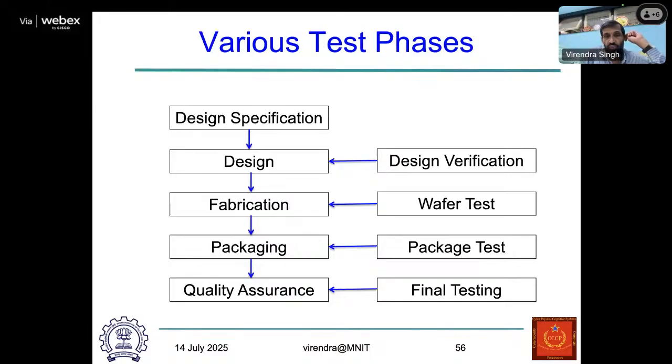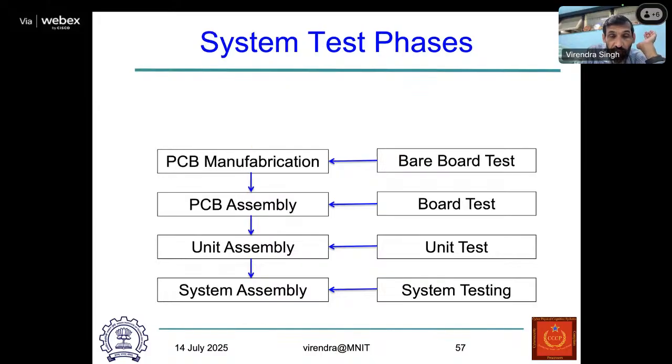So first you have to test the design, when you have various chips fabricated on a wafer. Once you have completed that, you have to test after manufacturing, and then test after packaging for quality assurance purposes.